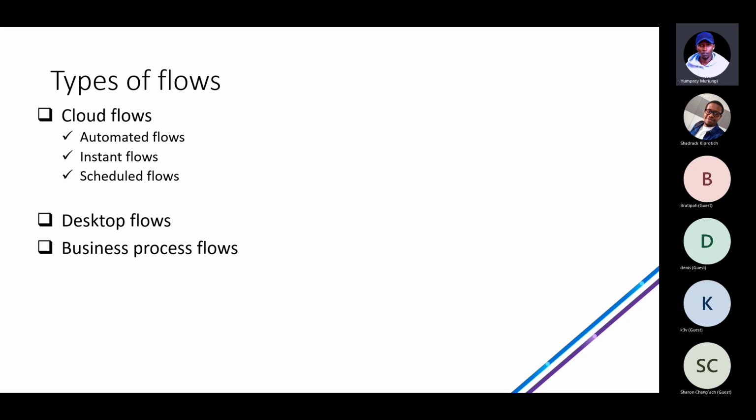The scheduled flow is scheduled to run at a certain time. Maybe you would like to send a reminder to your team. You may use the scheduled flow to send a reminder to them. You may schedule the flow to occur daily at a certain time, maybe on a Monday, so the flow will occur every Monday at the time you have set.